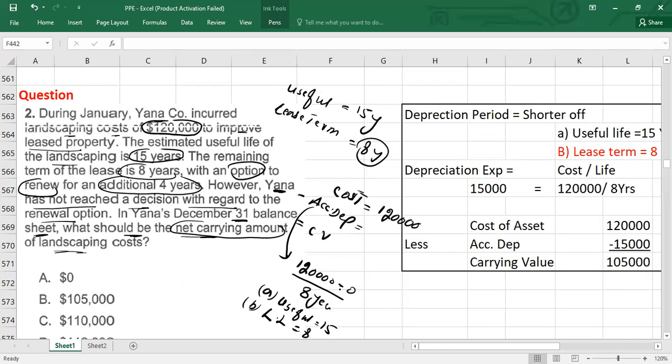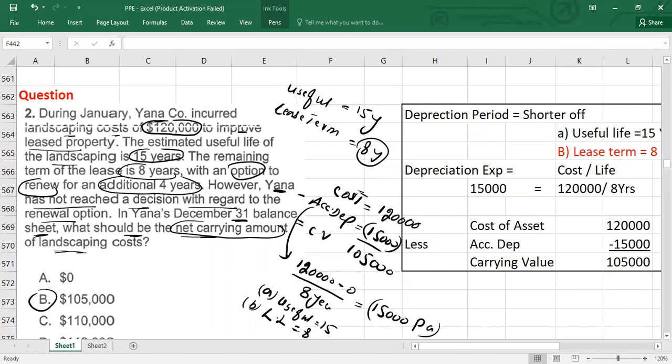If you depreciate over 8 years, you will get a depreciation expense of 15,000 per annum. I am assuming it's the first year, so your cumulative depreciation will be only 15,000. So your carrying value of the asset should be 105,000. It means option B is the correct option.